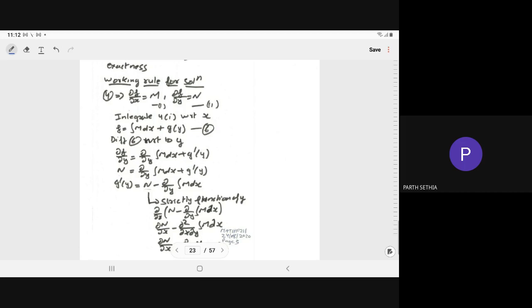So I was discussing f is equal to the integral of m dx plus g(y). Now differentiate this equation with respect to y.